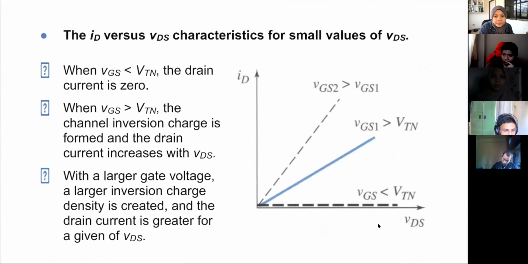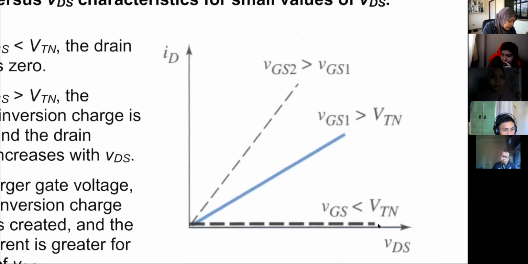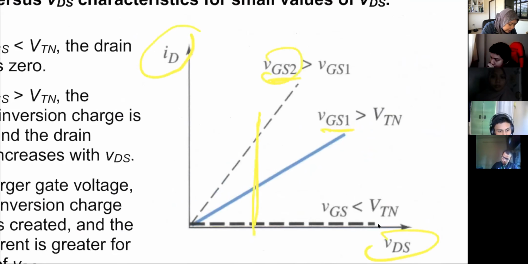Okay, see here, this is a graph of ID versus VDS, and this is for different VGS. As you increase the VGS, at the same point, the VDS is the same, but the current is different.